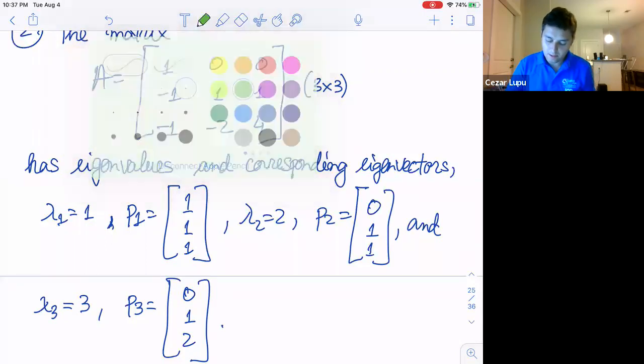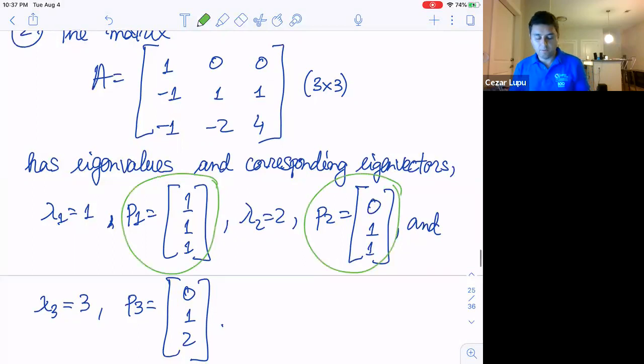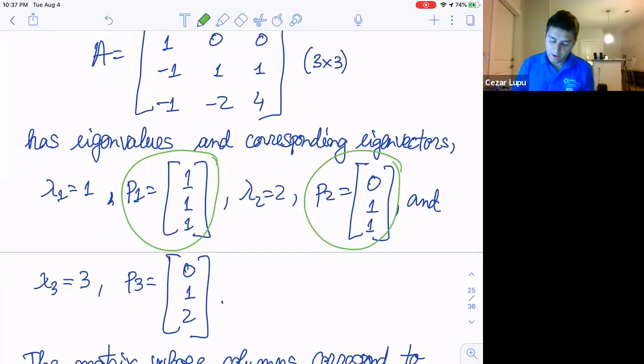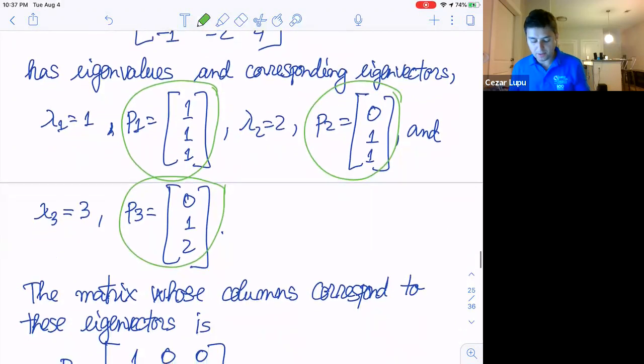For lambda 2 equals 2, we have P2 is 0, 1, 1. And for lambda 3 equals 3, we have the corresponding eigenvector P3 equals 0, 1, 2. Again, we form the matrix whose columns correspond to these eigenvectors.